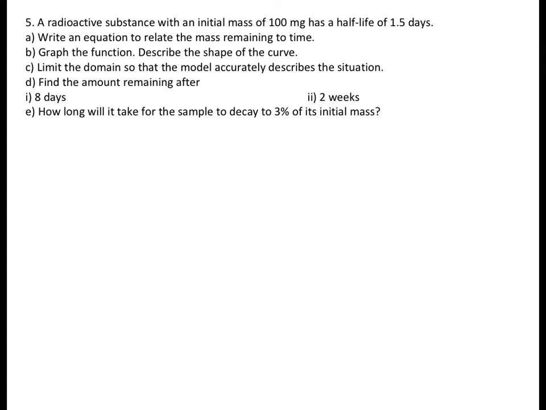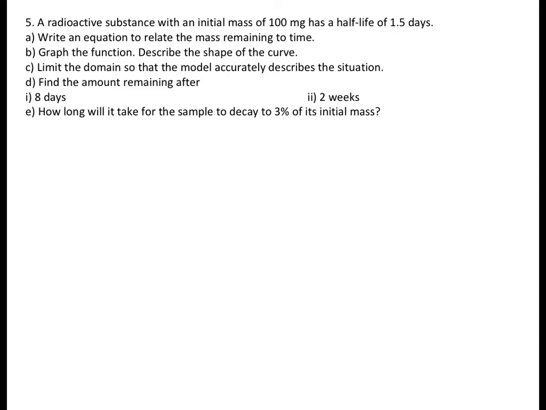Now, you have a radioactive material with an initial mass of 100 milligrams and a half-life of 1.5 days. First, we have to write an equation relating the mass remaining with time.